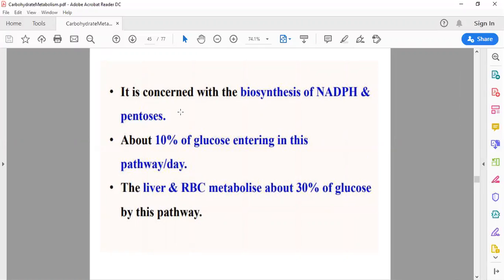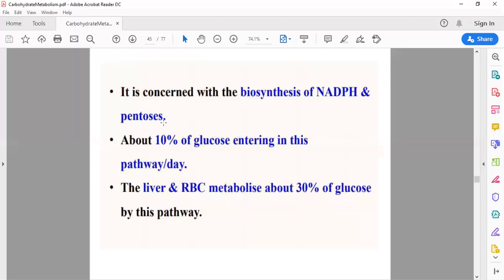If you remember, we discussed glycolysis and then the TCA cycle, where we calculated the total number of ATP. The metabolism of one glucose unit liberates a total of 32 molecules of ATP.